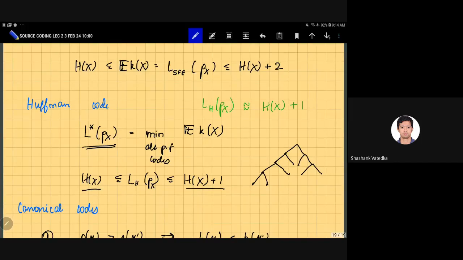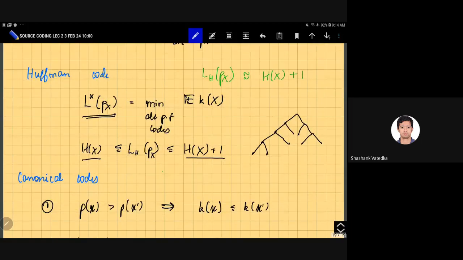But the worst case will be farthest away from entropy, when the source is really far away from being dyadic. In this particular example, if you just have two symbols, X equal to either 0 or 1, with P_X of 0 being, say, 0.99999 and P_X of 1 being 0.00001.